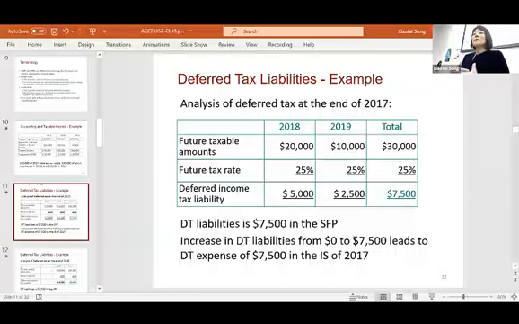And here, as a result of this temporary difference, we have a deferred tax liability of 7,500. And to adjust your balance sheet to that desired balance of 7,500, we also recognize deferred tax expense of 7,500. Does it make sense? Any questions?